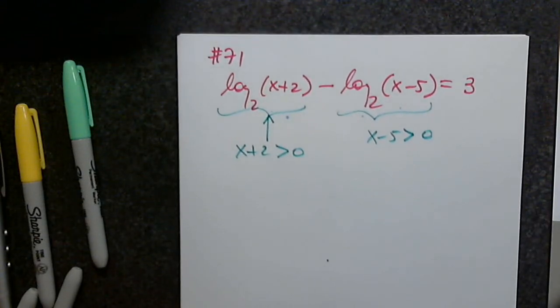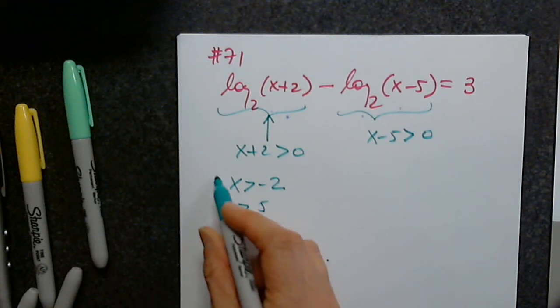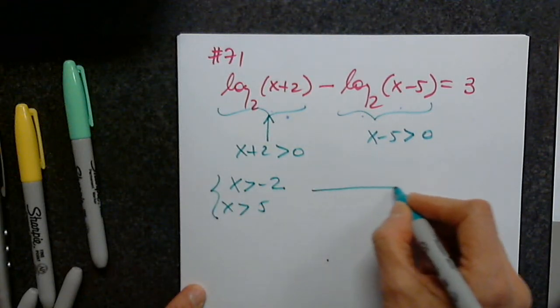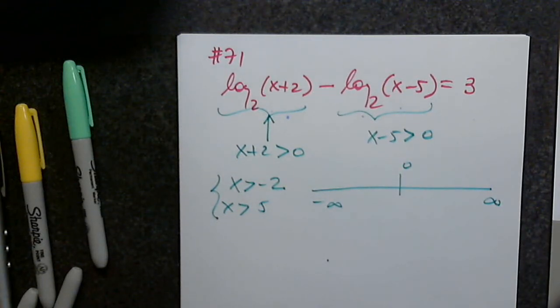Perfect. So the first one is x greater than negative 2, and the other one is x greater than 5. Let's look at the real line and identify where they both are true. Which x values should I pick so that both pieces exist at the same time?